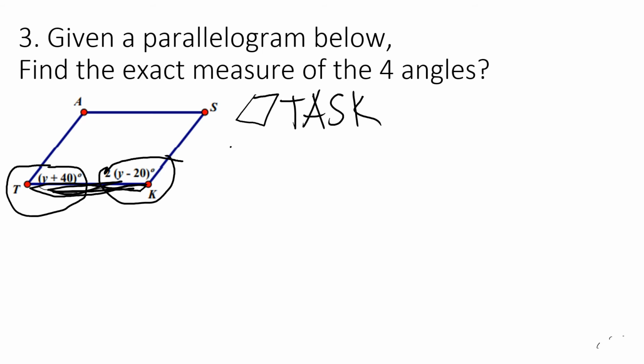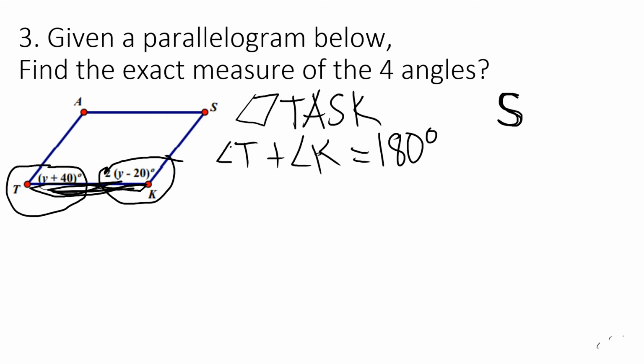So, since angle T and angle K are supplementary, when we add them together, they will equal 180 degrees. Always remember that supplementary angles measure 180 degrees. Okay, always remember that.